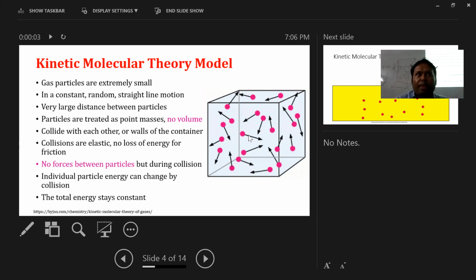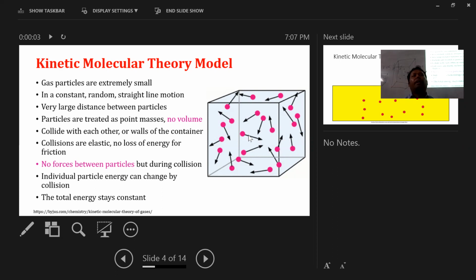Is that possible? No, because the cylinders we use to store gases are made of steel or iron, very big tanks. If molecules had no volume, you should be able to keep any amount of gas in any small or big container.